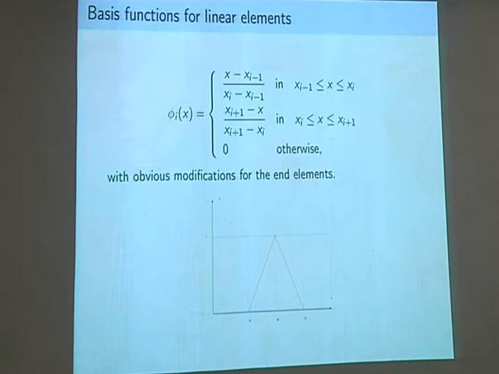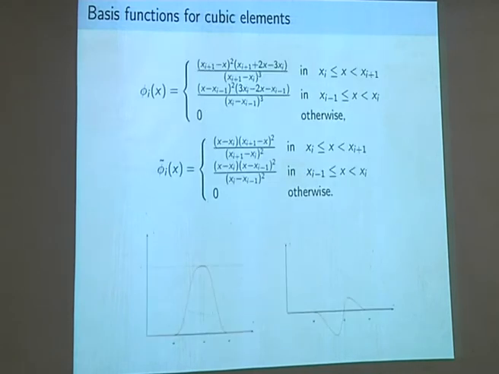But they vanish mostly. When it comes to the cubic elements, I've skipped over quadratic, there are essentially 2 basis functions. All the basis functions vanish mostly and are non-zero in 2 elements.